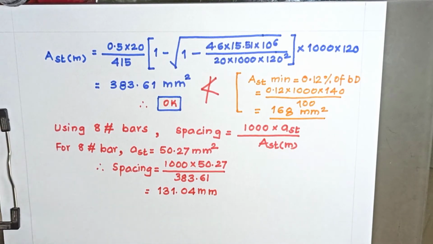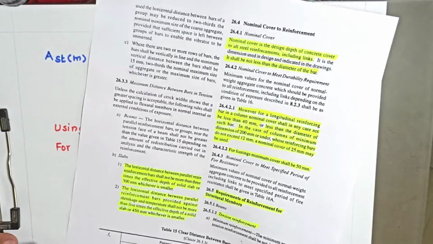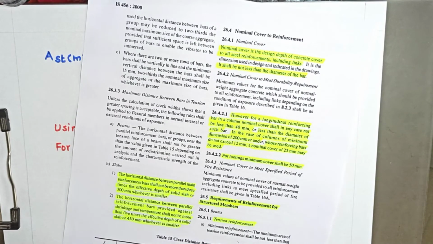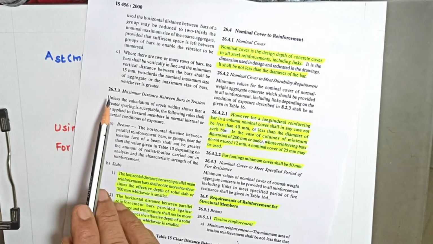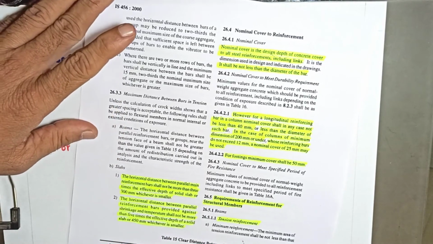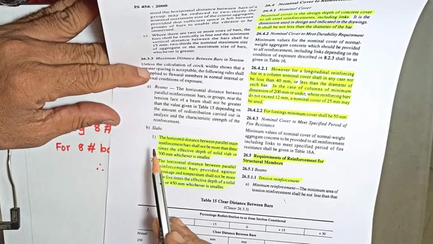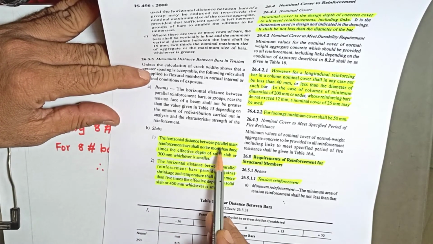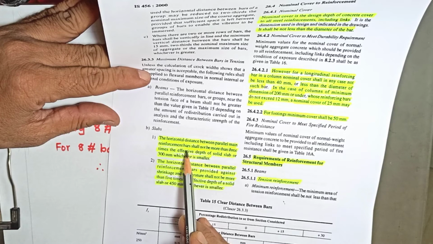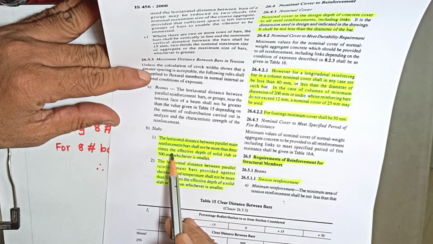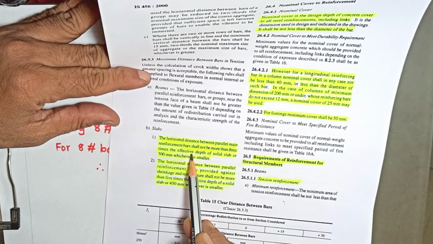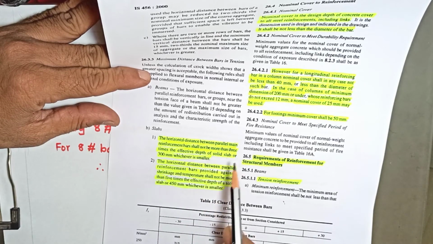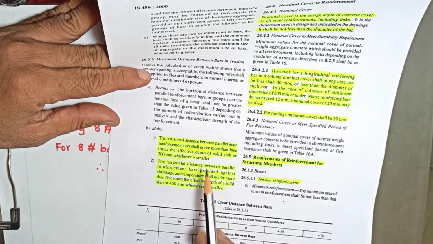Now, mind well, we have to check this spacing for the maximum value of spacing, and for that purpose, see page number 46, clause number 26.3.3 B. You can see that the horizontal distance between parallel main reinforcement bars shall not be more than 3 times the effective depth of solid slab, or 300 mm, whichever is less.